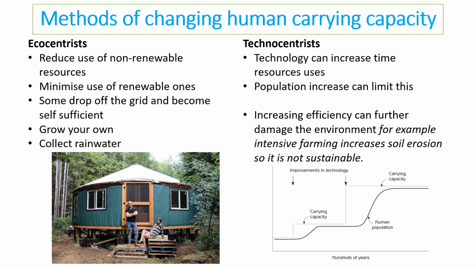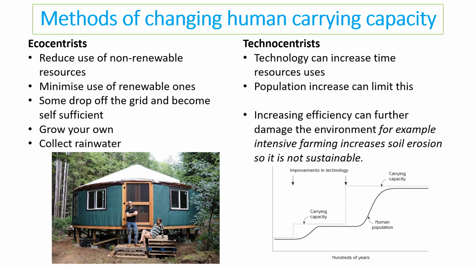They feel that we should reduce the carrying capacity effectively by reducing the use of non-renewable resources, minimizing the use of renewable ones as well. Some people will drop off the grid and become self-sufficient, and that can include stuff like growing your own food and collecting rainwater. Technocentrists, however, always say technology will increase in time, and therefore we can maintain and increase our population as a result.